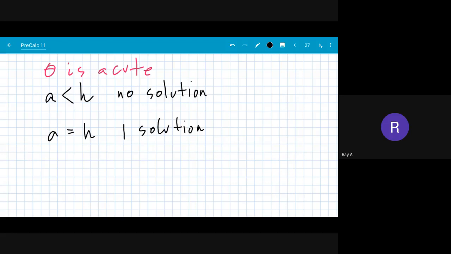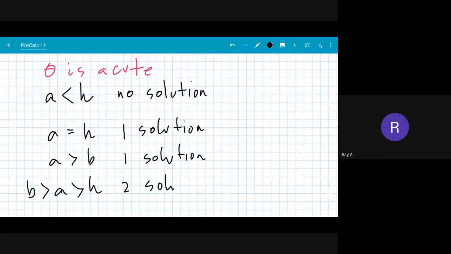Oh, when side A is greater than B, there is also one solution. When are there two solutions? When A is greater than H, but A is less than B. There are two solutions, okay? When I talk about solutions, I talk about the number of triangles, all right?